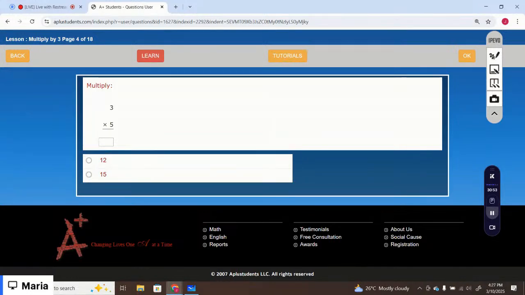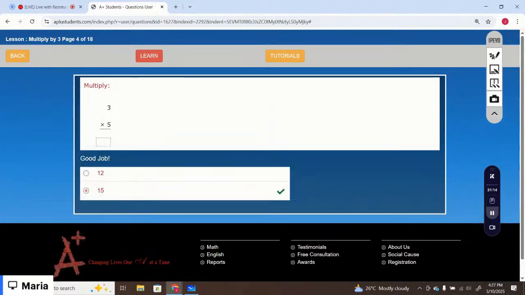Three times 5, which is the correct option? That is 15. Option number 2 is the correct option. 3 times 5 means 15.